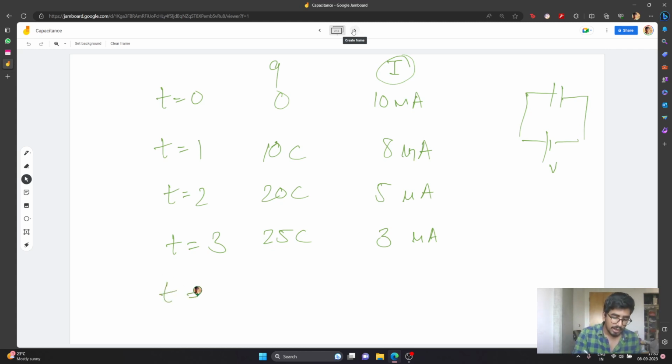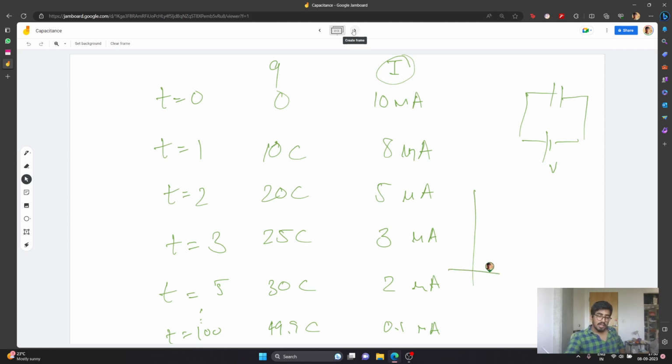So at 5 seconds you go up to 30, and this drops to 2 microamps, and maybe that initial steep decline is slowly easing, and after say 100 seconds you have almost 49.9 coulombs of charge, if say 50 coulombs is the max capacity, and this drops to say 0.1 microamps, right, which is very small.